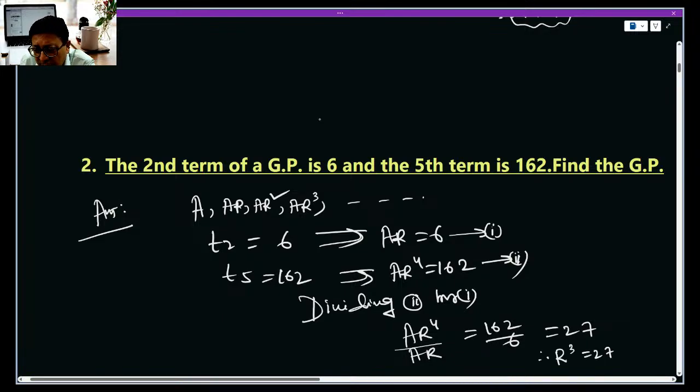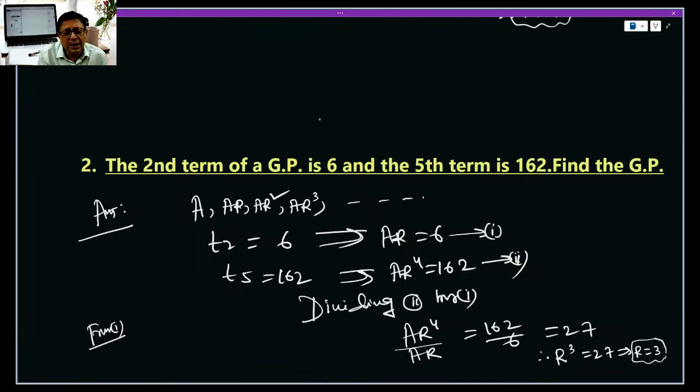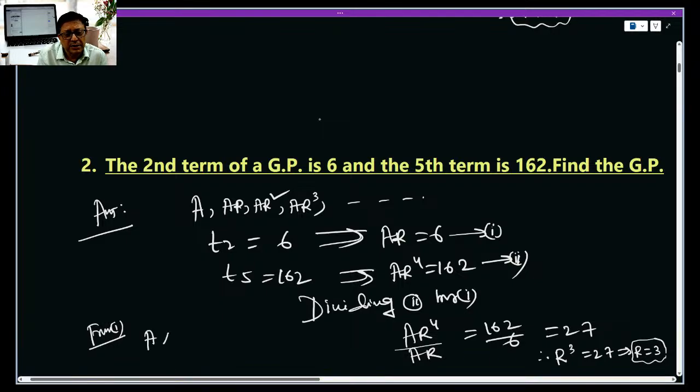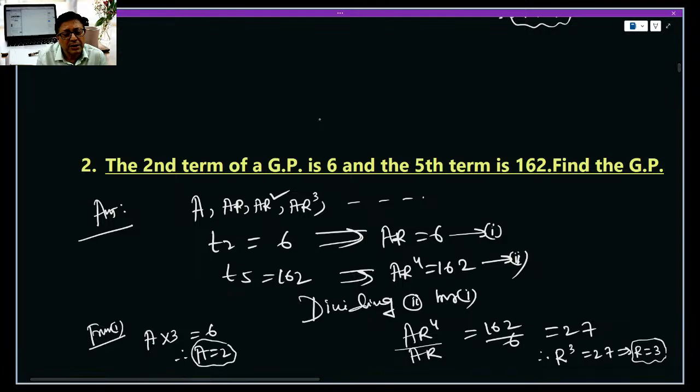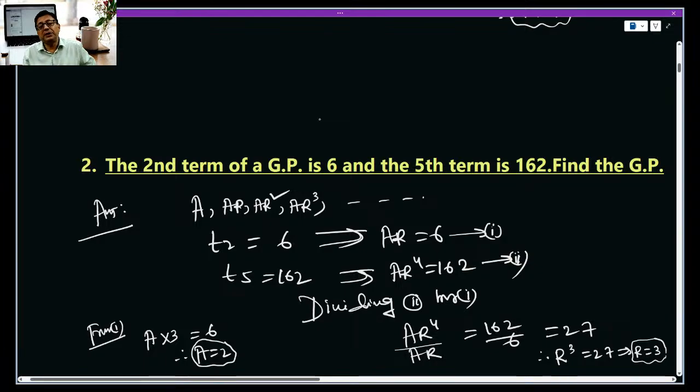So R cube is 27. This implies that R equal to 3. And from 1, put R equal to 3. A into 3 equal to 6. So A is going to be equal to 2. So GP is done. Its first term is 2 and the common ratio is equal to 3.